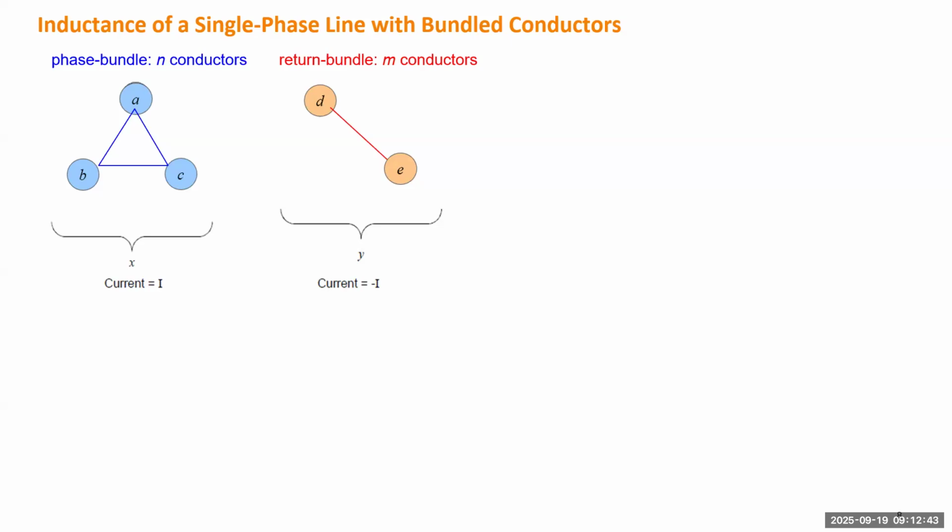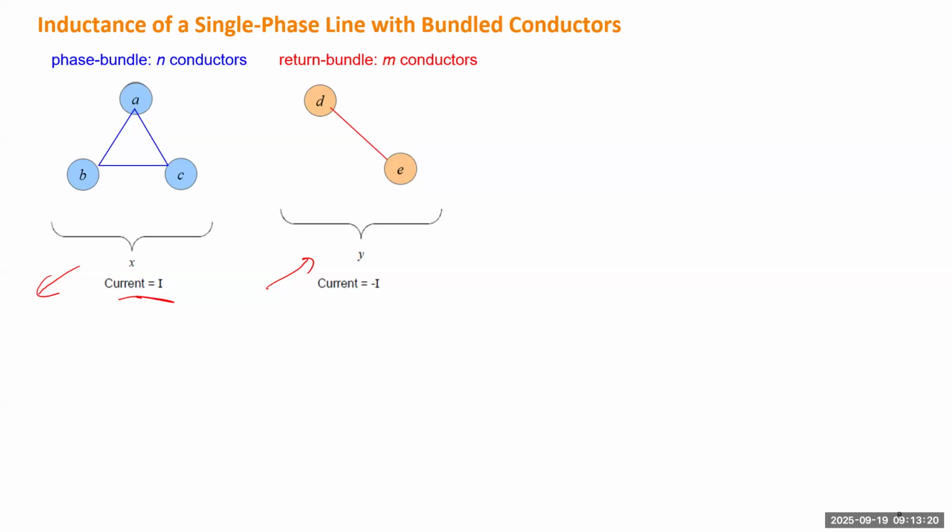We have one transmission line sending current I, maybe coming out from the screen, and we also have another line sending the current back to the screen, so the current will be negative I. But we make one line have three conductors as a bundle, and the other line will have two conductors as a bundle. Each bundle is connected directly, and so can be treated as just a single phase line.